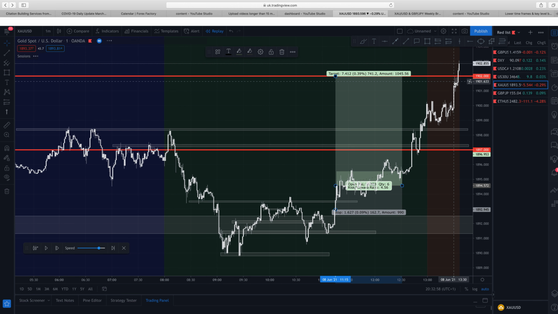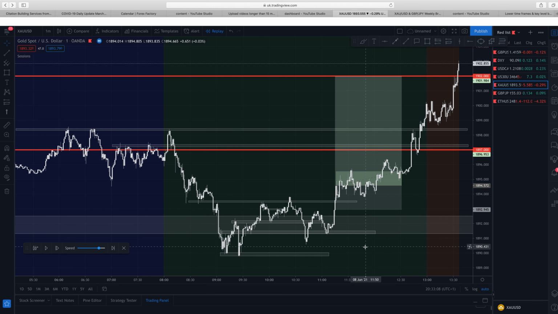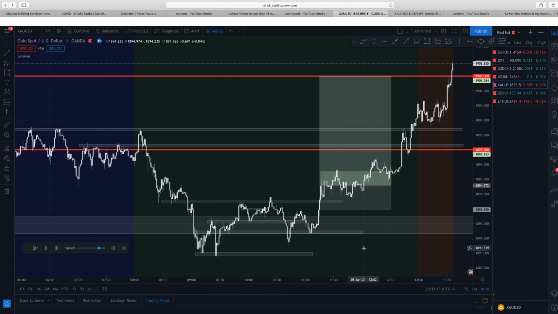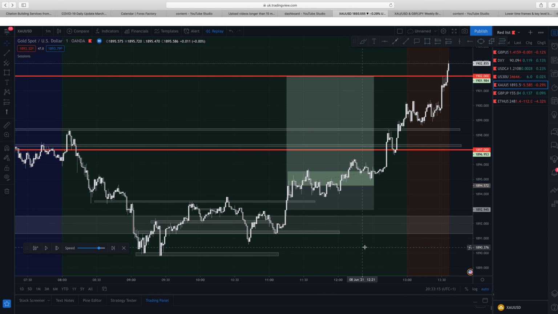And then we'll look in a minute at how this level ends up being rejected. So we'll try and figure out why it rejected and the best way of scaling out your buys and just closing the rest of the position.